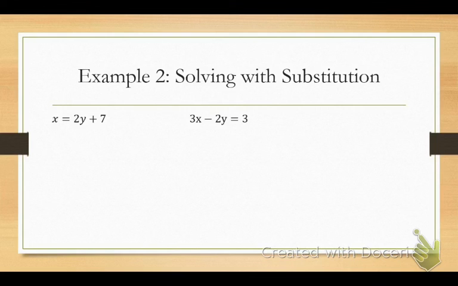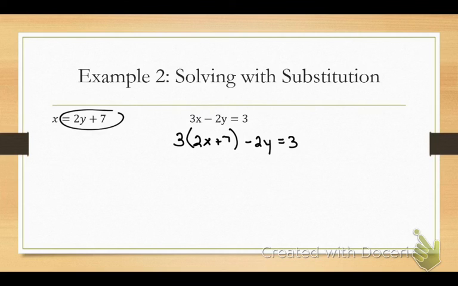All right, so x equals 2y plus 7. So if x equals 2y plus 7, I can plug it in for x on the other equation. So 3 times 2y plus 7. And now I'm going to bring down the rest of the equation. Pay attention. All right, walk me through it.